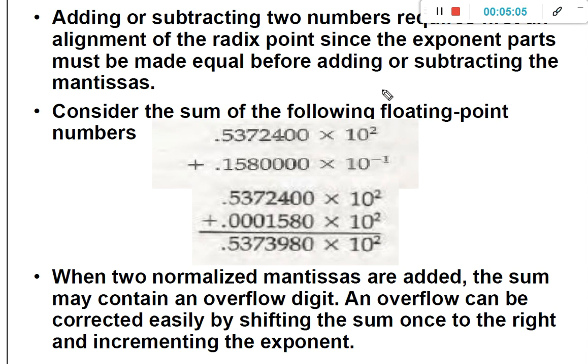Adding or subtracting two numbers requires the alignment of the radix point, since the exponent parts must be made equal before adding or subtracting the mantissas. For example, consider these two numbers: 0.5372400 into 10 power 2. This is the first number, and we need to add it with 0.1580000 into 10 power minus 1.